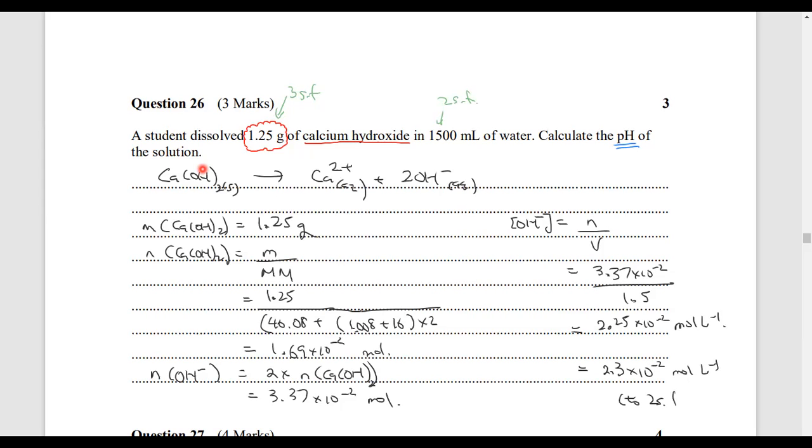And more appropriate because you always basically quote to the, oh, okay, actually, we don't need to because we actually haven't finished the question. And don't round before you finish the question, right? Don't round before you finish the question. So this is OH minus, okay? So we will then work out pOH, which is negative log base 10 of OH minus concentration.